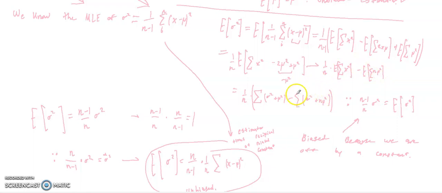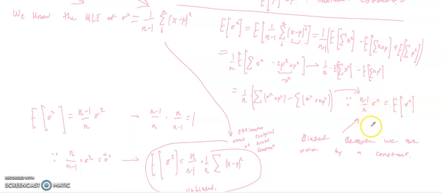And finally, we can evaluate x squared in terms of sigma and mu, and we get to the point where we find that the expected value of sigma squared equals n minus 1 over n times sigma squared.